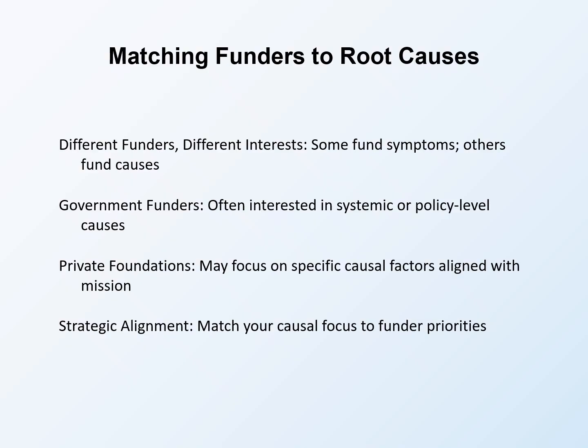Strategic alignment means matching your causal focus to funder priorities. If a funder cares about policy change, emphasize policy-level causes. If they care about individual behavior change, emphasize that causal level. Your analysis should be honest, but your emphasis can be strategic.